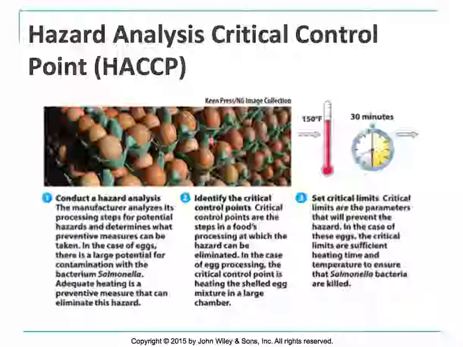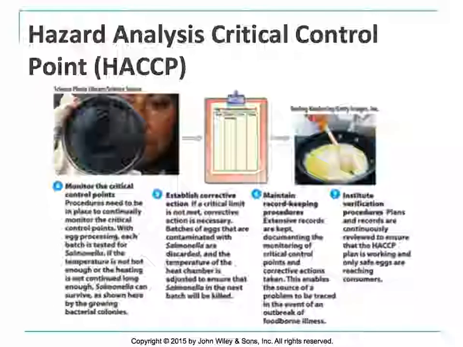And then critical limits would be the parameters that will prevent the hazard. So, okay, the eggs have to be heated to a certain temperature, but for how long do they have to be held at that temperature? So that would be a critical limit, would be that period of time. The next step would be to monitor the critical control points.